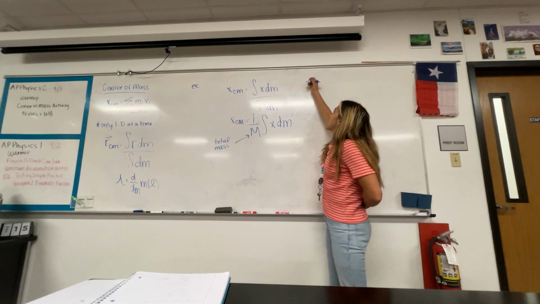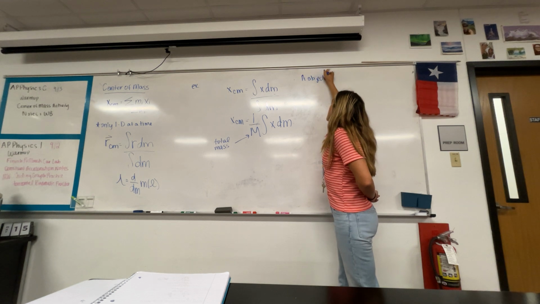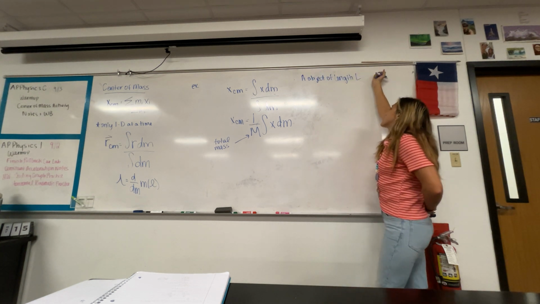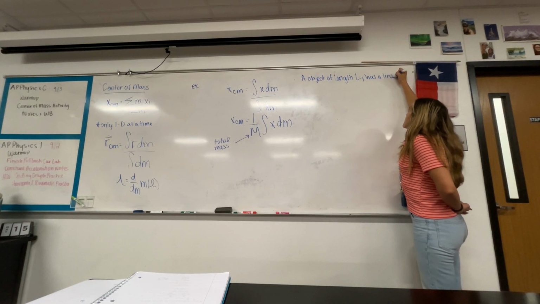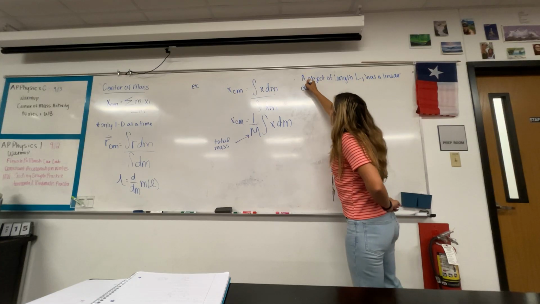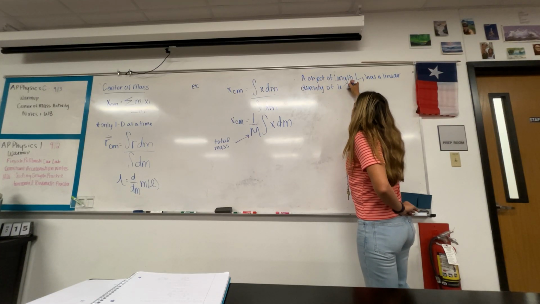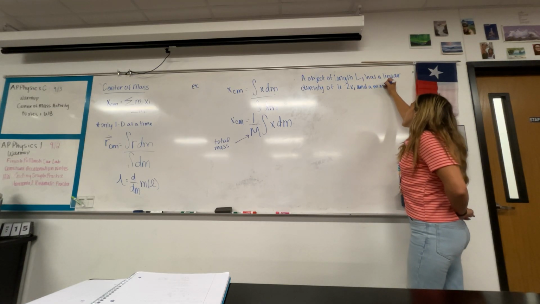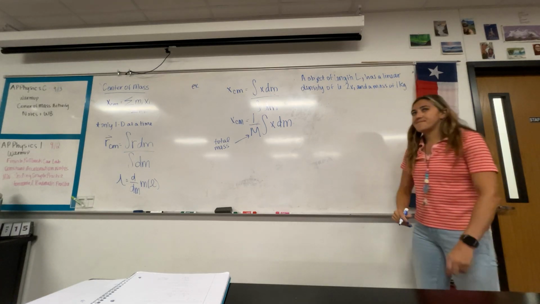So let's say my example is that an object of length L, I'm going to use big L this time, woo, has a linear density of 6 minus 2x and a mass of 1 kilogram.